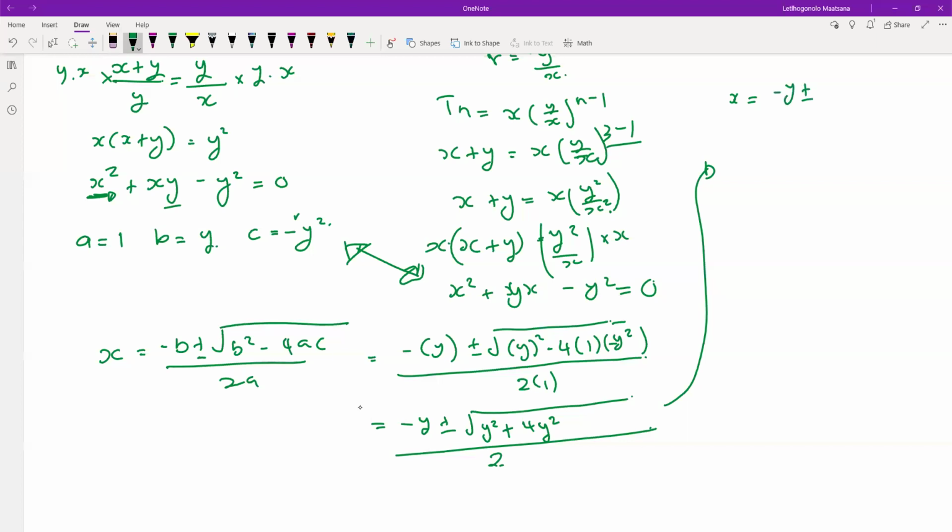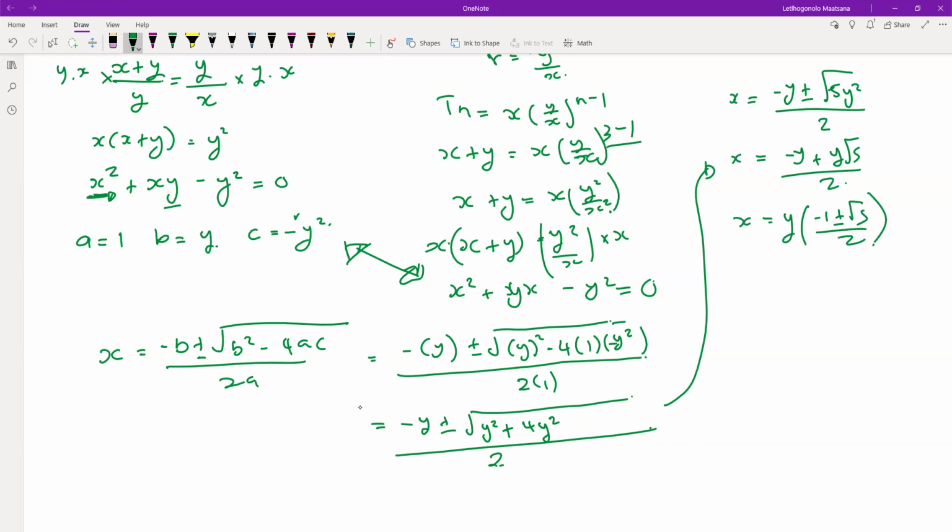Giving us x is equal to negative y plus or minus the square root of 5y squared over 2. We can take out that y because it's squared. The square root of y squared is just going to be y. Then we'll take out y as a common factor to give us negative 1 plus or minus the square root of 5 over 2.